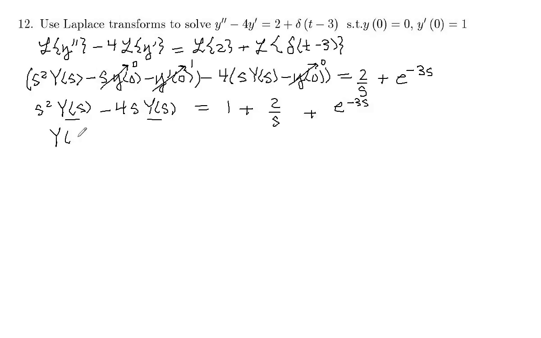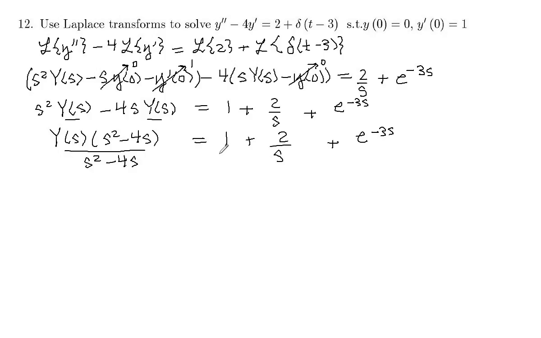Factor that out in front. What's left is s squared minus 4s equals 1 plus 2 over s plus e to the negative 3s. And divide both sides by s squared minus 4s. So divide everything on the right by s squared minus 4s.